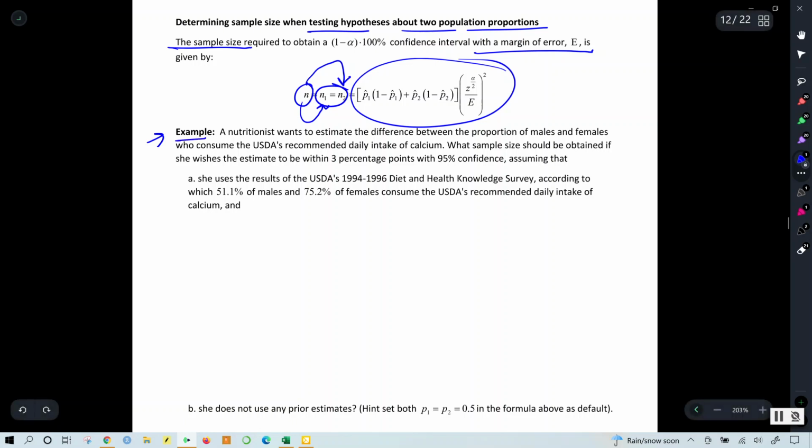In this example, a nutritionist wants to estimate the difference between the proportion of males and females who consume the USDA's recommended daily intake of calcium.